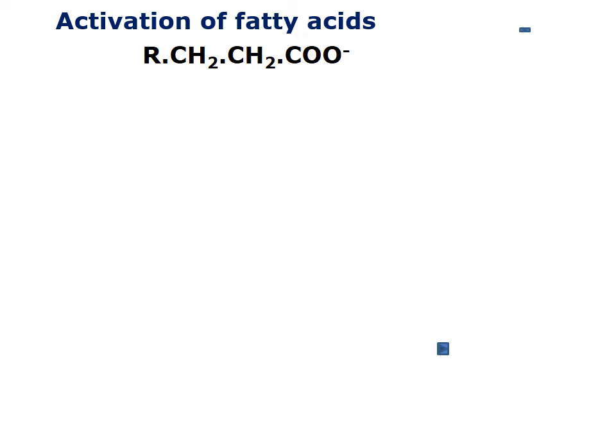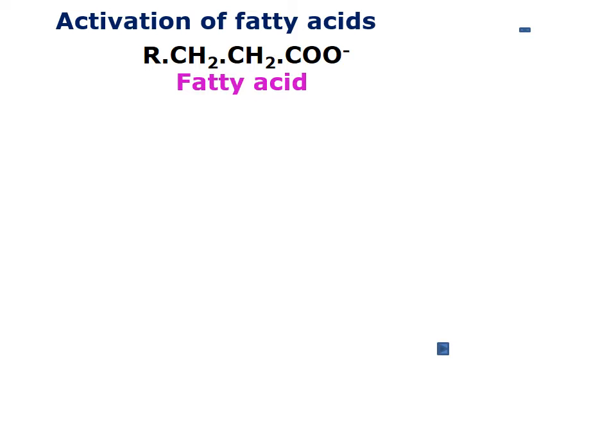Next you have the beta carbon atom, and the last carbon atom in the chain is called the omega carbon atom. Here oxidation takes place at the beta carbon atom, so that type of oxidation is called beta oxidation.